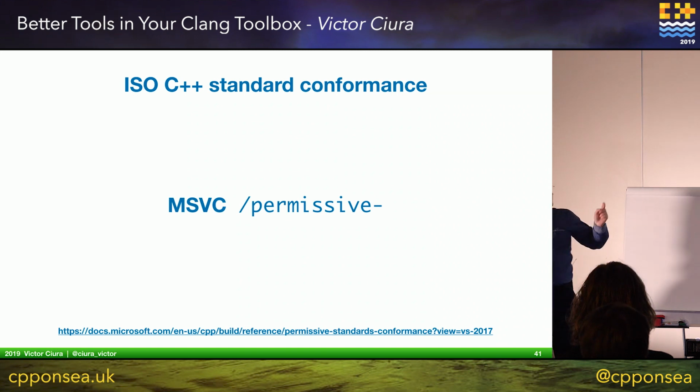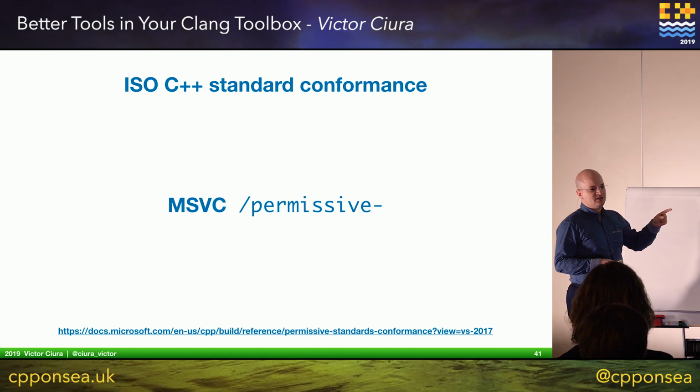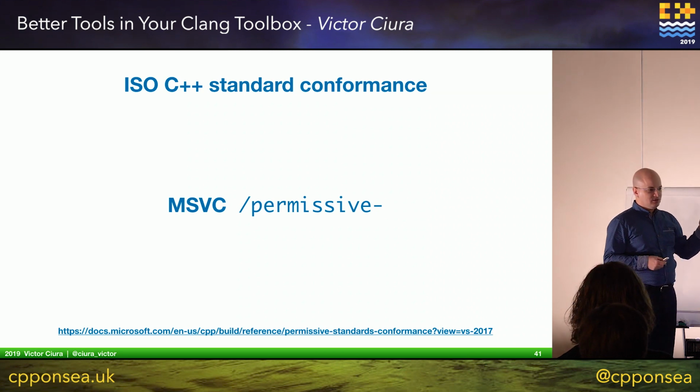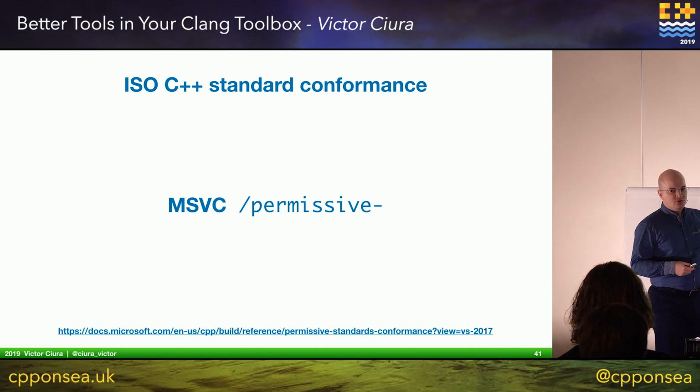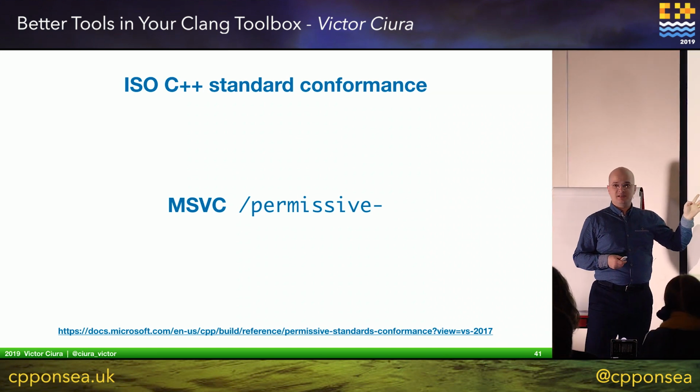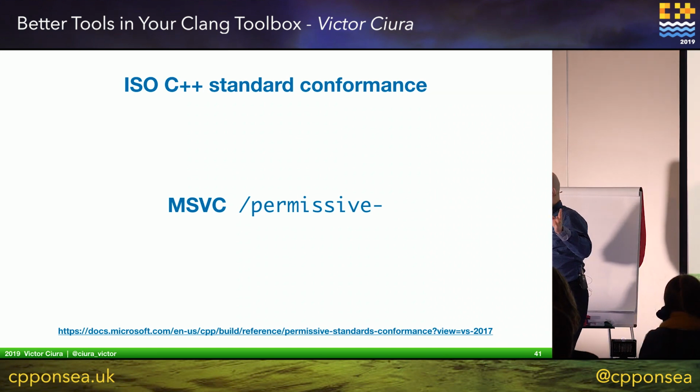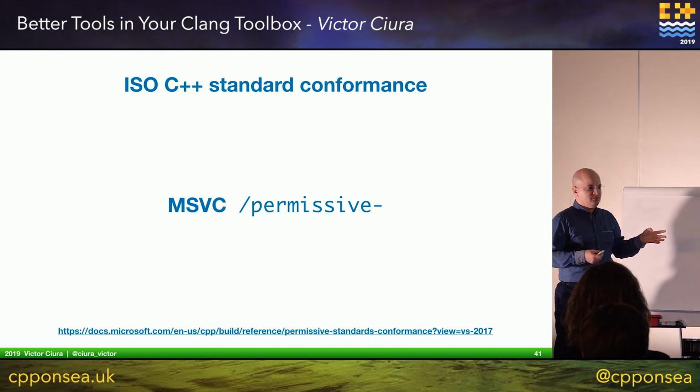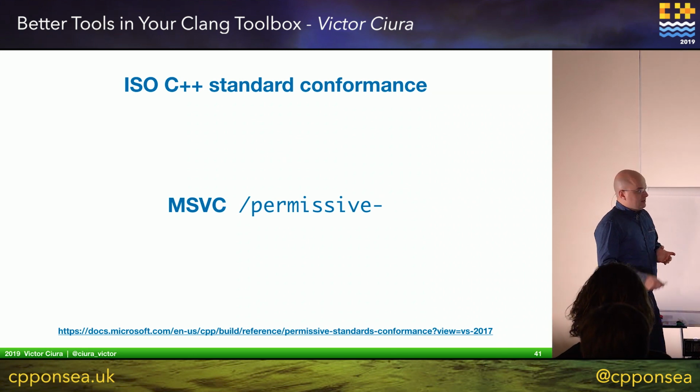Whether you specify this switch or not determines whether you get access to the new compiler or not. For new projects, this is on by default now. For older projects, of course, it's off because you need to preserve compatibility.